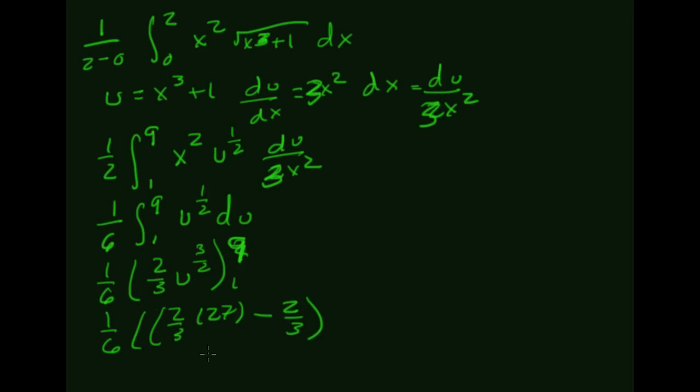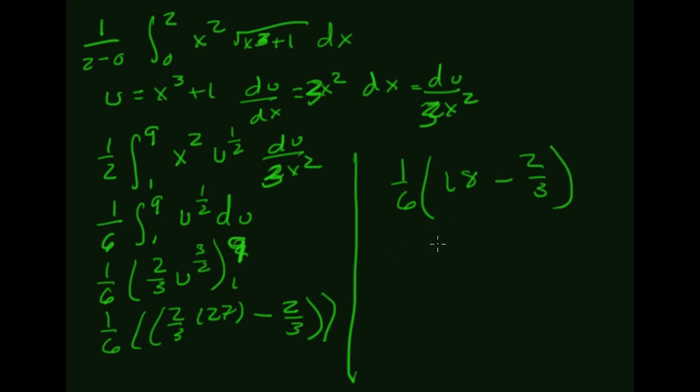Because 1 to the 3 halves is going to be 2/3. So 27 over 3, that's going to give me 1/6, 9/18 minus 2/3.